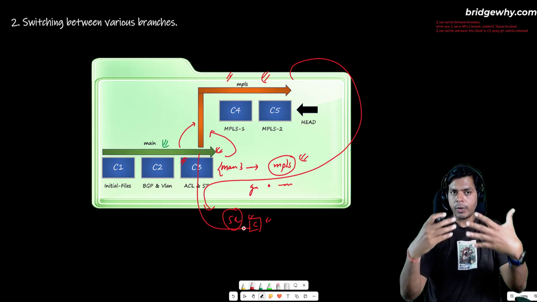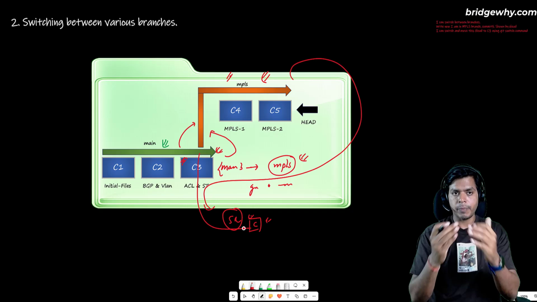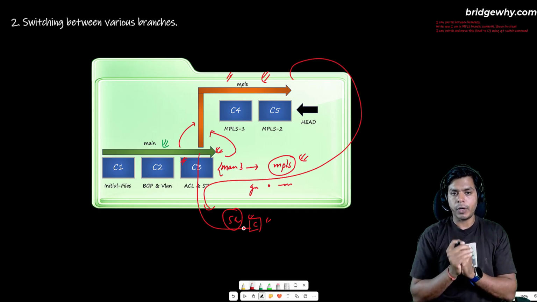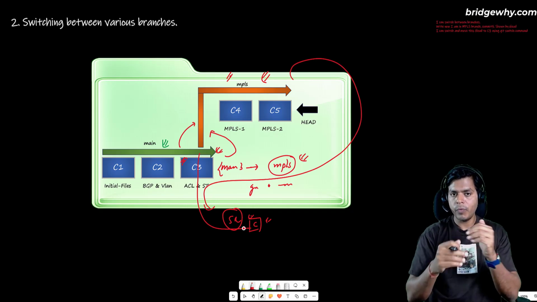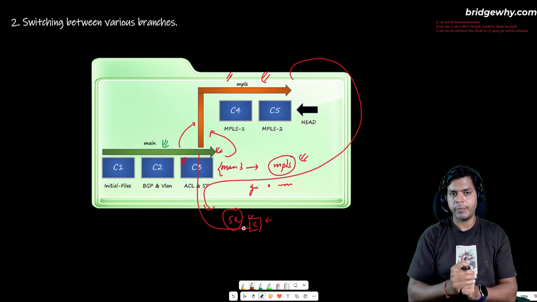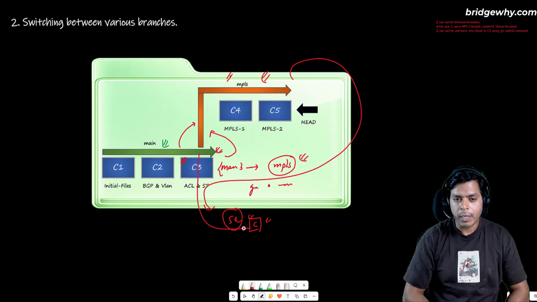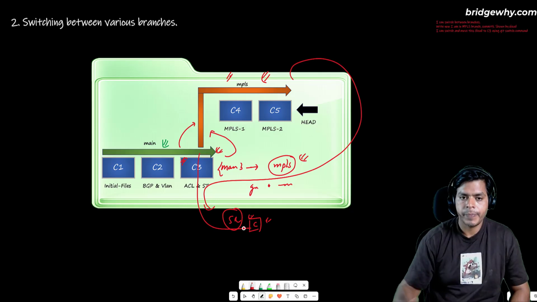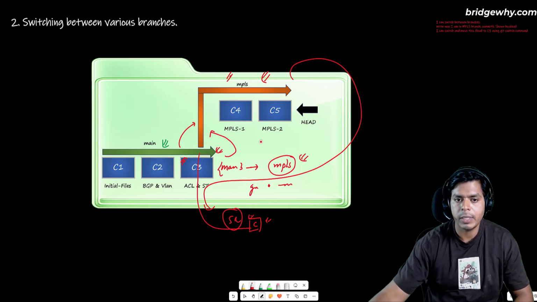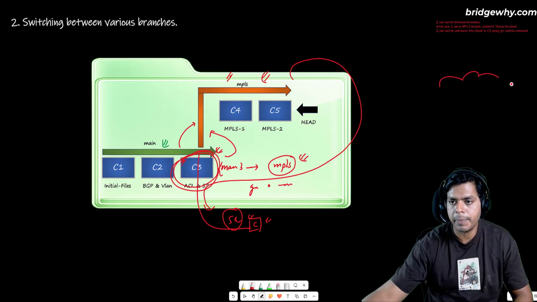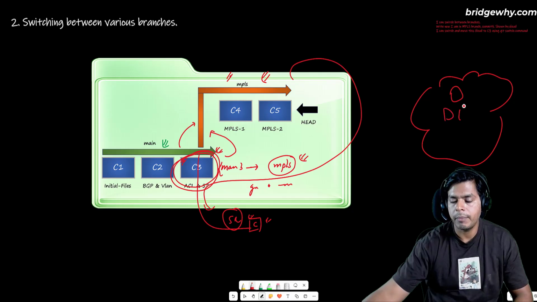We understood the concept of head, we understood the concept of branches, we understood the concept of moving between branches, switching between branches. But now the point is, Mr. Vishnu, you have solved the problem. You are saying that right now C3 is representing my current network, whatever I have, my routers, my switches, everything, right?